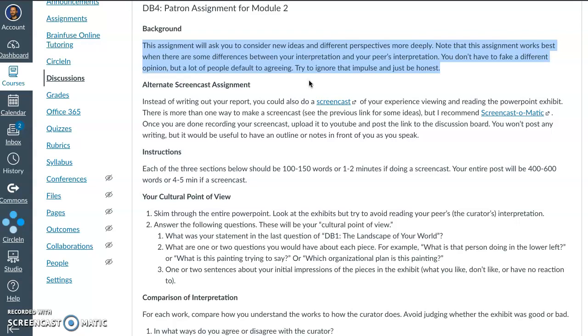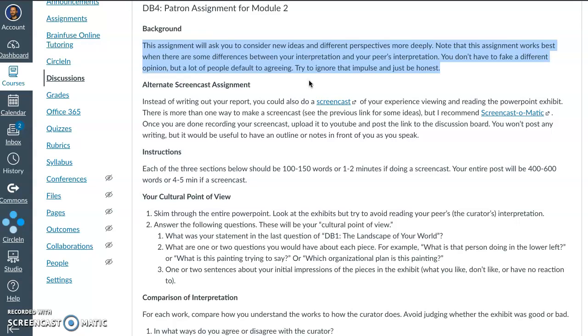Don't think, oh, Dr. Leitner wants us to disagree, so I have to disagree. What I really want is your honest opinion. It's an informed opinion because you've looked at some of these ideas already. But you don't have to agree or disagree. I want you to be yourself in this.